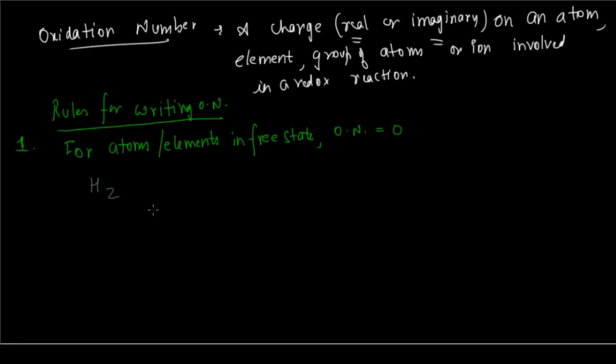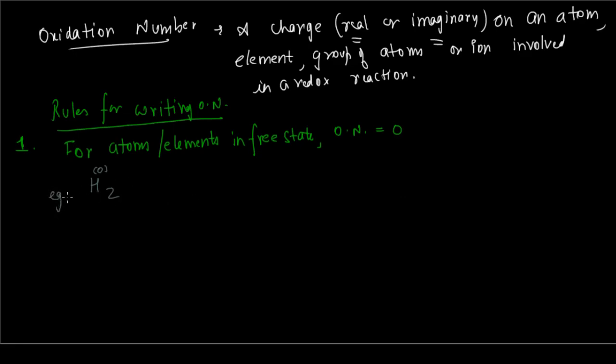So oxidation number for hydrogen in this case is 0. Why? Because here hydrogen is in diatomic form in its free state, not in combined state, right? In free state as a molecule, diatomic molecule, dihydrogen. So here the oxidation number of hydrogen, which is per atom, is 0.